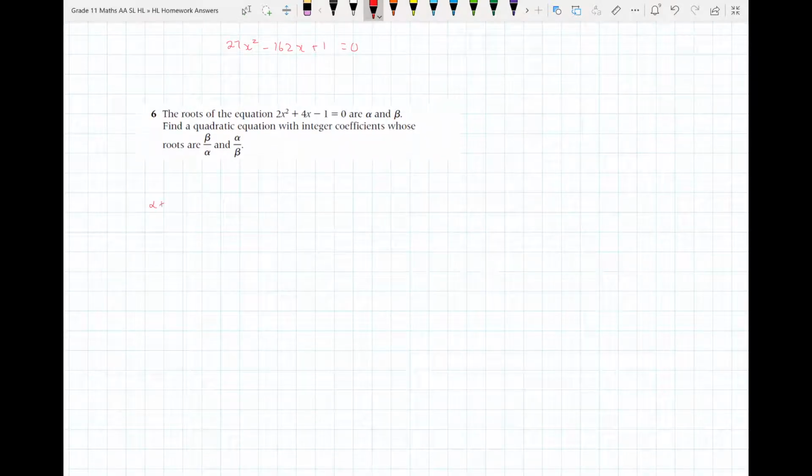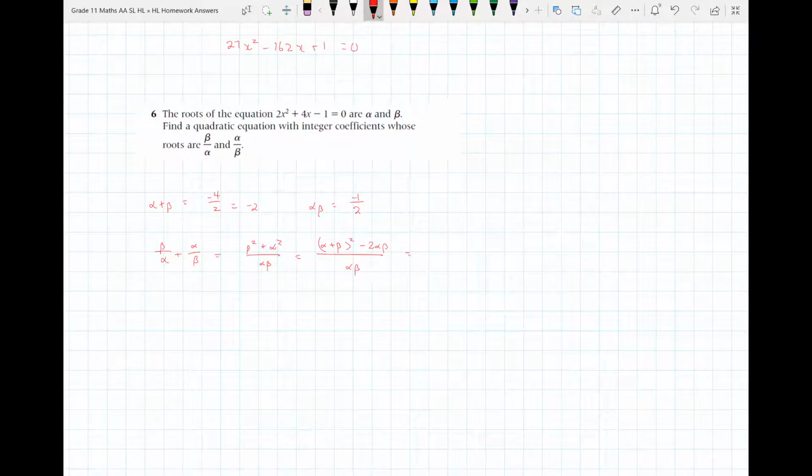All right, original sum is -2. Product is -1/2. So let's add them. Oh, don't know why there's an extra 2 down there.